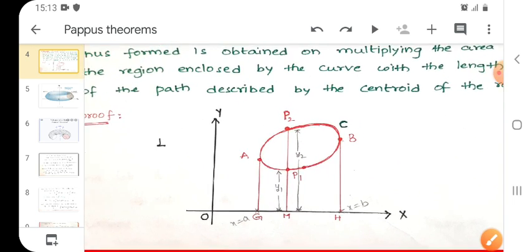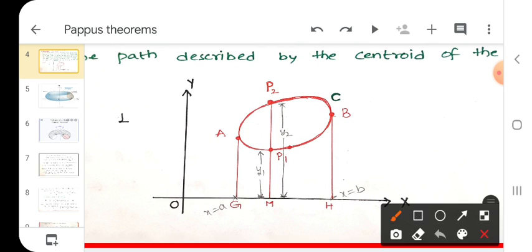This is our graph. The red line denotes our closed curve C, and we draw two tangent lines to this closed curve: one is the line x equals a and the second is x equals b.